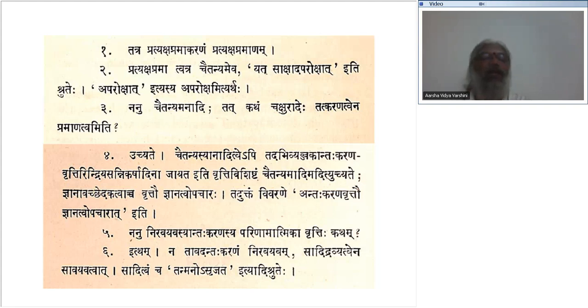That also we saw here. Jnanatva avachedakatvat vrittau jnanatva upacharaha. So the vritti is the one through which we come to know of the awareness or Chaitanyam. The awareness or Chaitanyam is manifesting there. See, even space by itself is not cognizable.